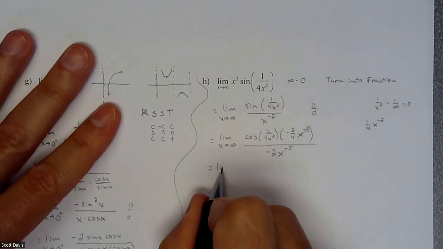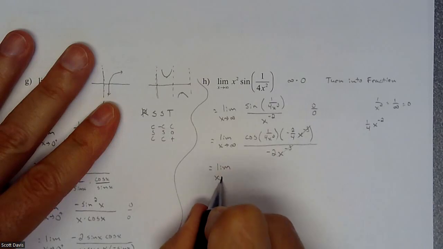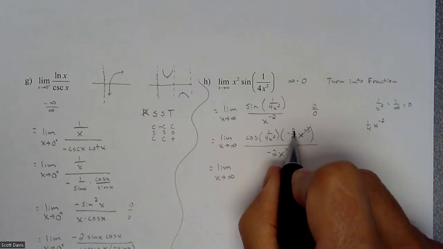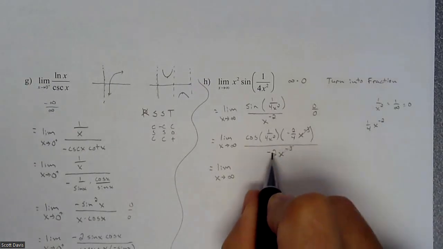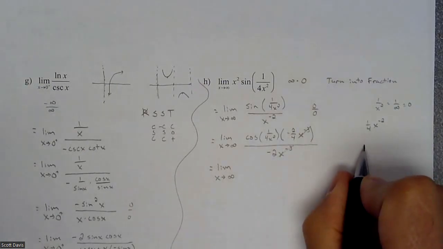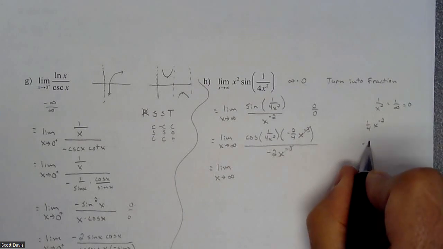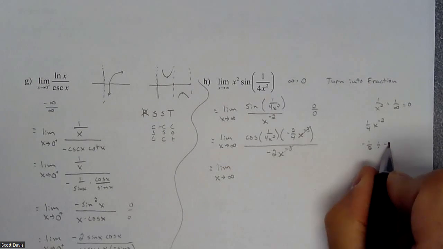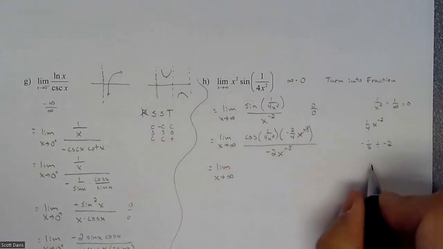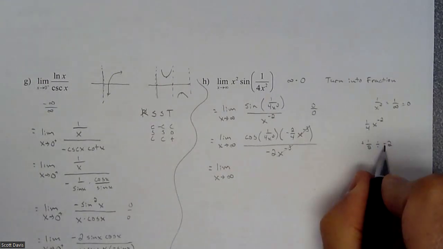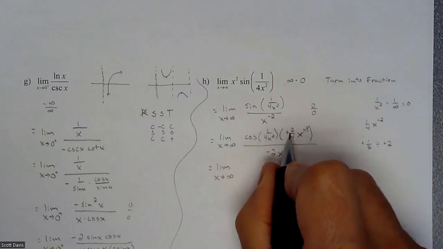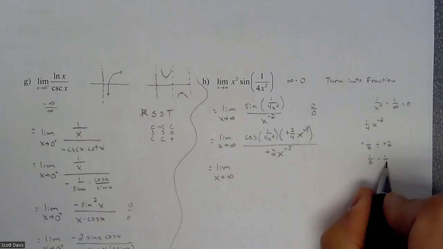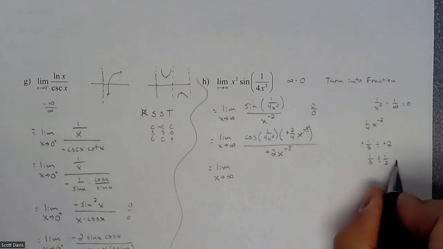Then I have the limit as x approaches infinity, where this is a negative 1/2, and this is being divided by a negative 2. If we take a negative 1/2 and divide it by a negative 2, let's cancel the negatives. It is a 1/2 being divided by a 2, which is a 4th.